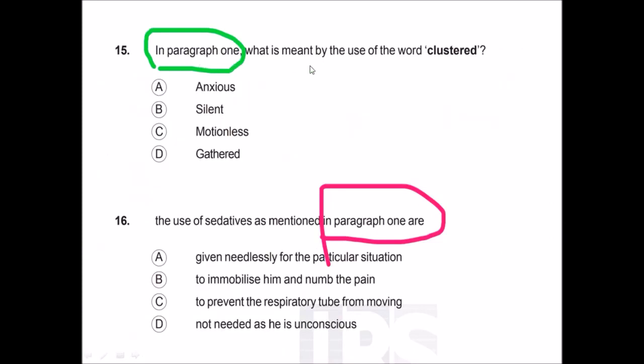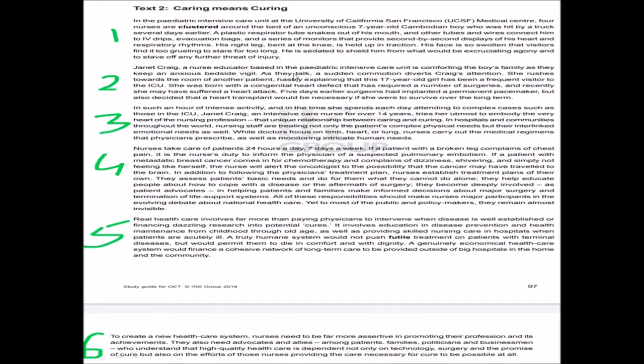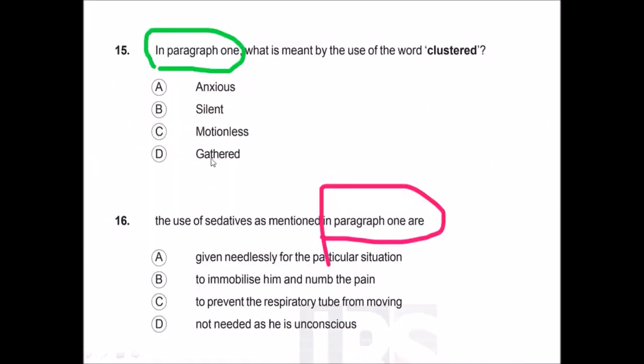In paragraph 1, what is meant by the word clustered? Just read the question, don't read the options, then go back and read the passage carefully. Here is clustered. Read this carefully and you will get your answer. Then go again, read the options and tick the answer. In this way you will go forward.